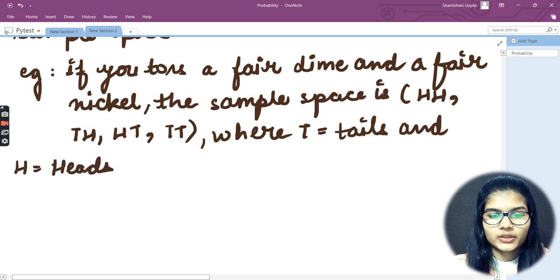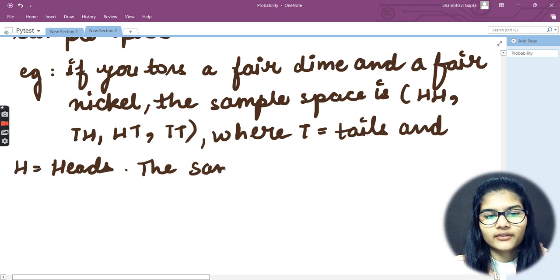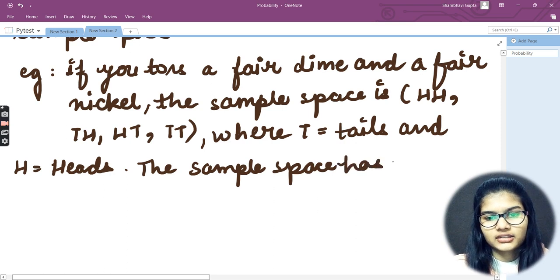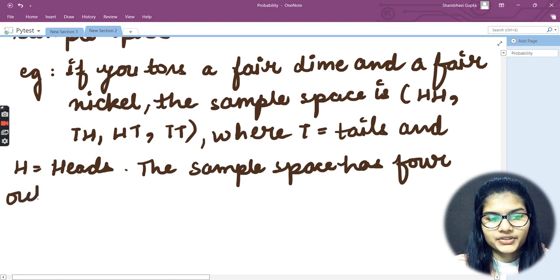Now in this case, the sample space has four outcomes.